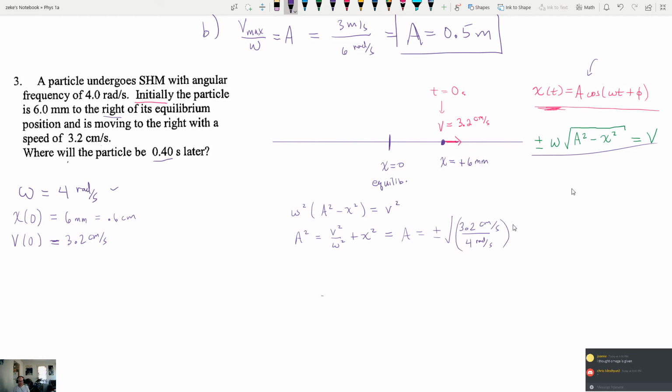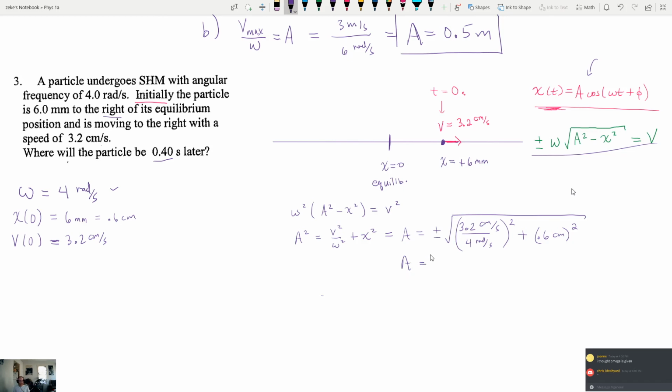Both of these are squared. Plus x is 0.6 centimeters, and we just need to square that. A is actually always going to be positive, but I put plus or minus here just because, might as well.